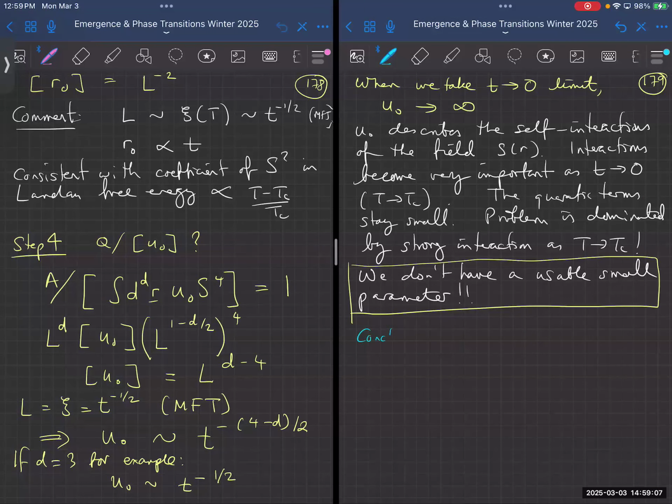So our conclusion, we can be a little bit more precise. The conclusion is 1, if D is less than 4, then as T goes to Tc, the interactions get stronger and stronger. And that means that we can't use perturbation theory.